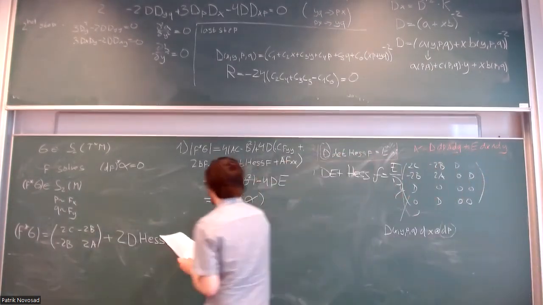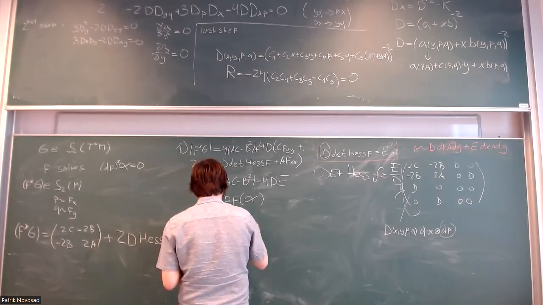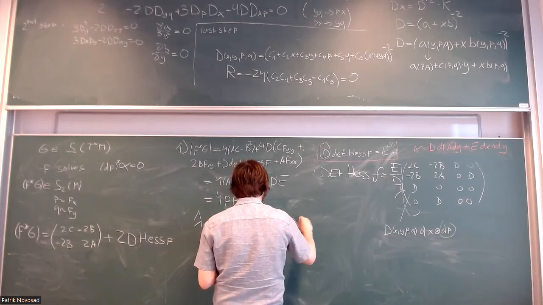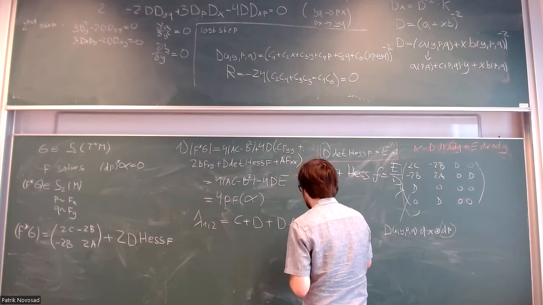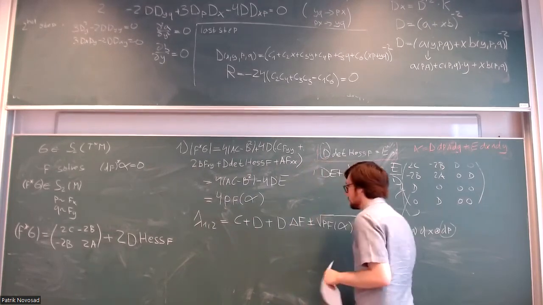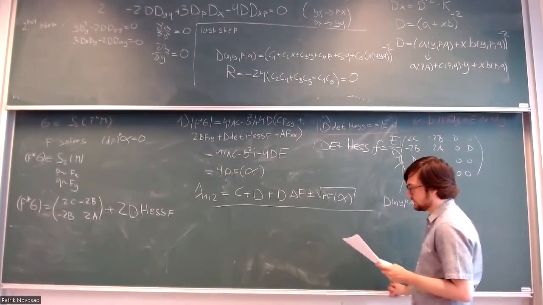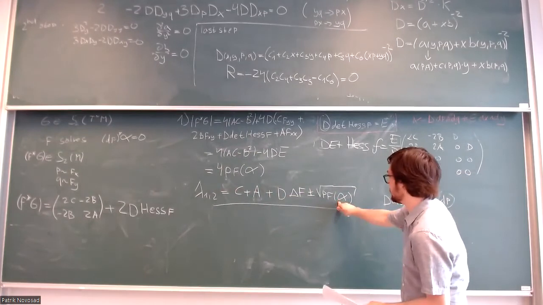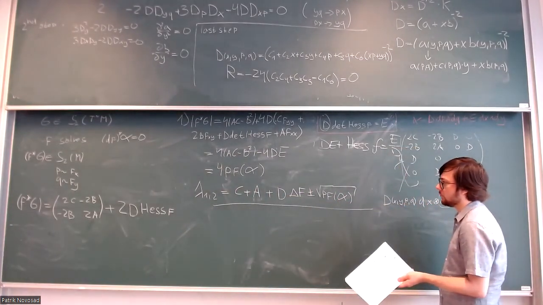We can calculate the eigenvalues, given simply by C plus A plus D times Laplace of F plus minus square root of. So these are the eigenvalues. If you're missing B here, then B is in here, inside.